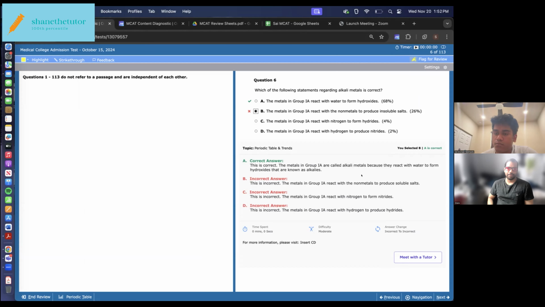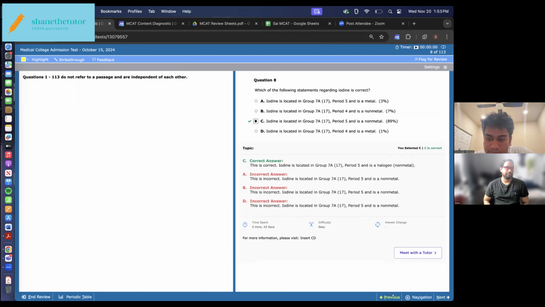And then react with nitrogen to form hydrides. That doesn't happen, because a hydride is a negatively charged hydrogen. And then also D, to produce nitrides. That also isn't something that it would do. So this is just something to know. Okay, all right. I guess I'll try to make a card or something out of it.